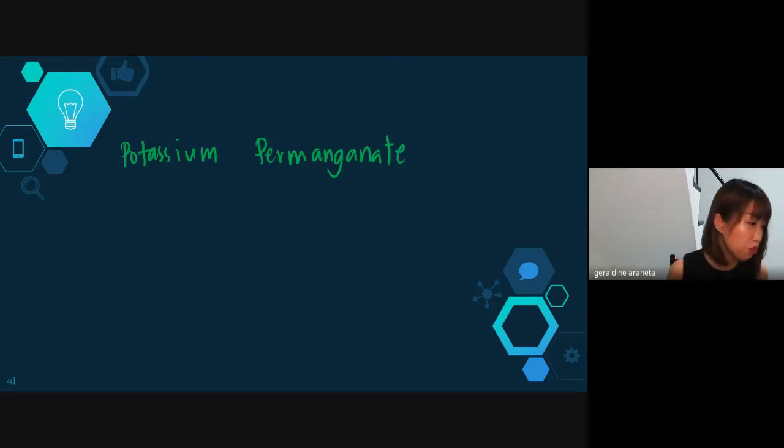How do you write this? Or how do you write its chemical formula? So, potassium, wala na siyang Roman numeral kasi nandun lang naman siya sa A group. So, it's very easy. Hanapin niyo na lang si permanganate dun sa tables ng ions and charges.